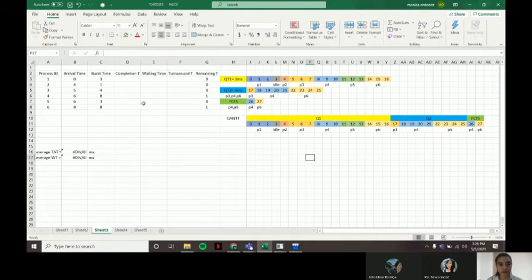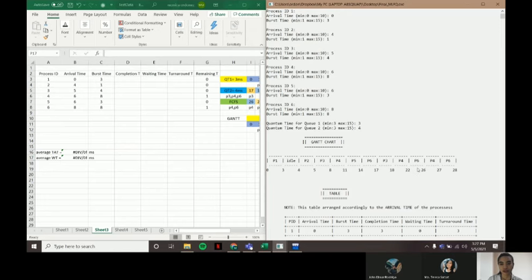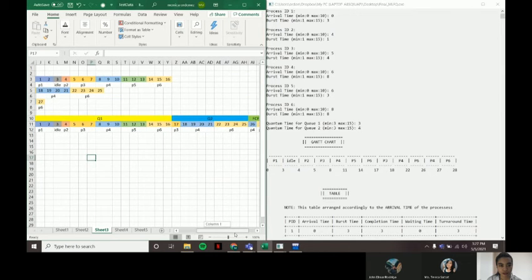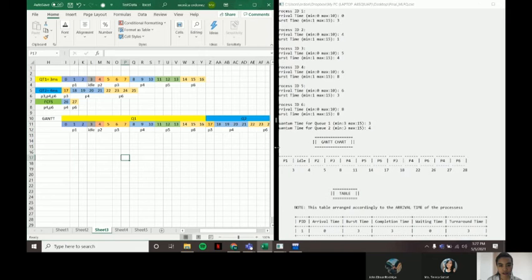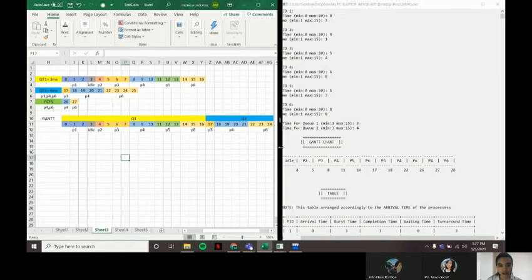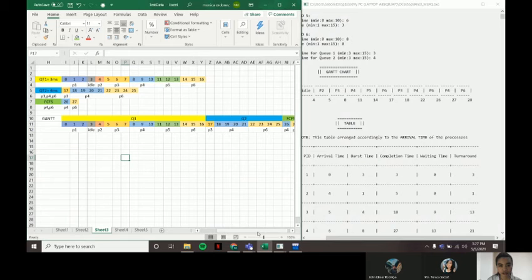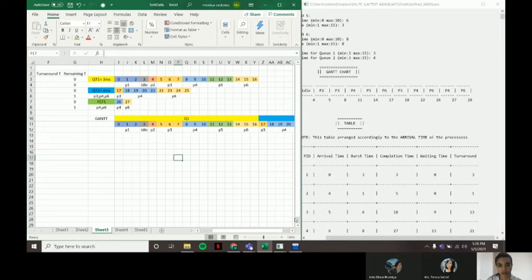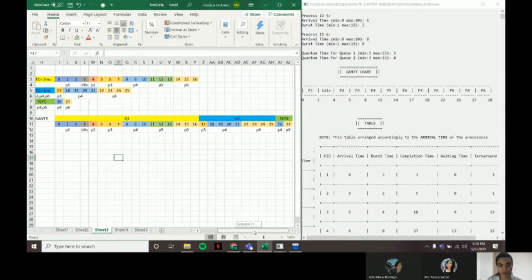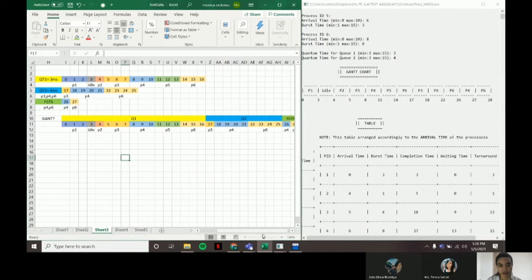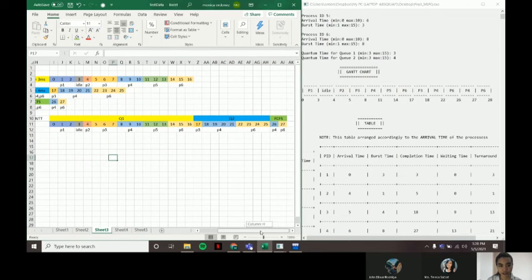So as you can see, if we compare the two Gantt charts, you will see that they are the same.